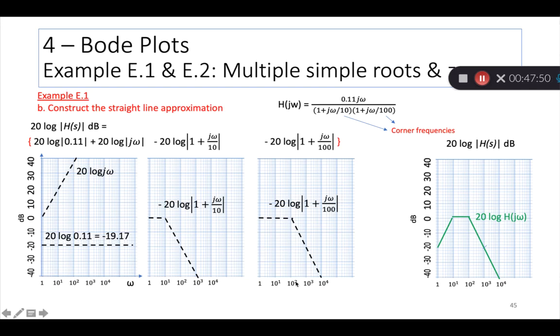Okay. And at 100, this is still 0. So if you add all of these, plus 40 minus 20 is about 20, plus 20, plus 20 minus 19.17 gives you like 0.8 or something, right? And so that small value 0.8 is what you see from here to here. Okay, and then it starts to fall off.